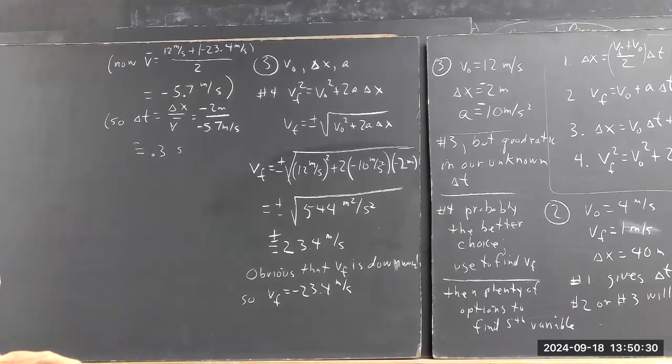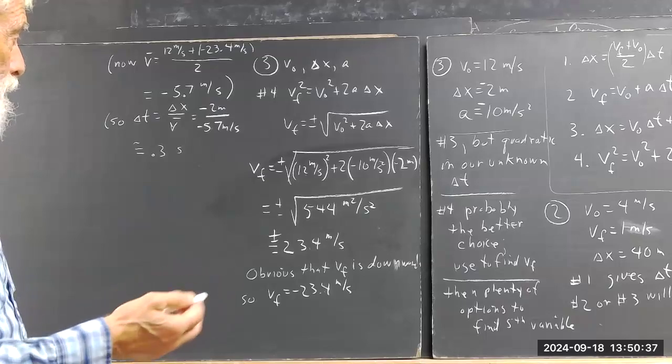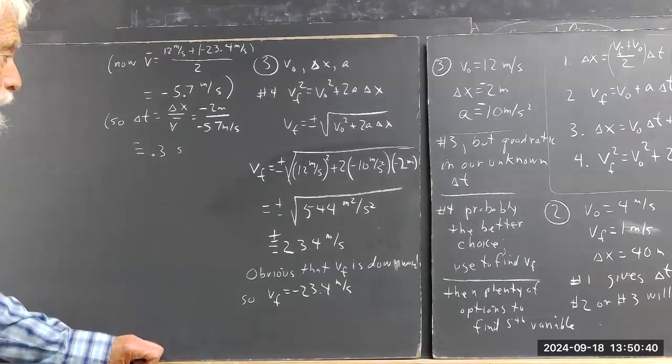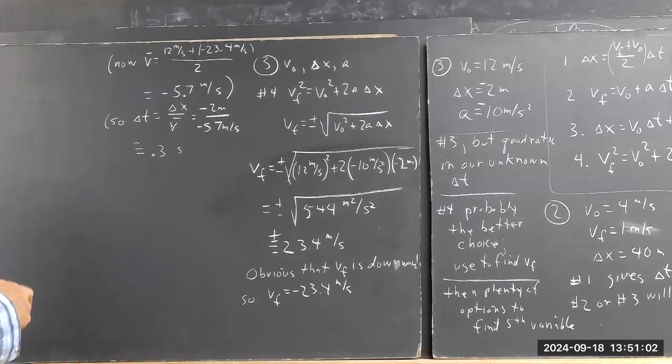Go up and down. Okay. So I'm going to leave that as kind of a puzzle. Check back, make sure that final velocity is really positive, that the average is really correct, and this is consistent with the sign of your acceleration.